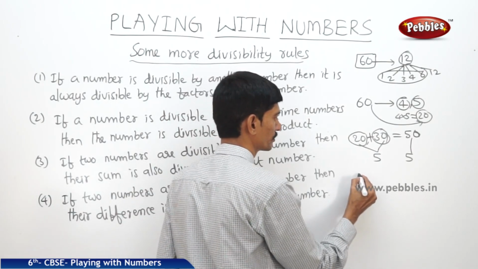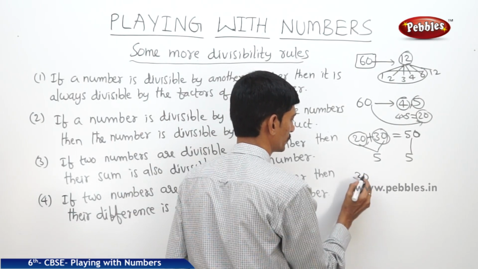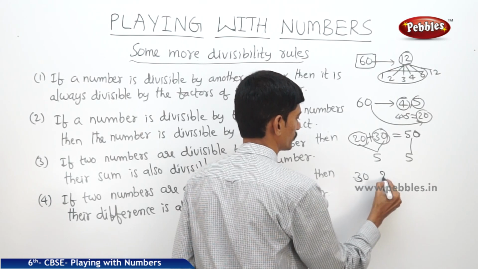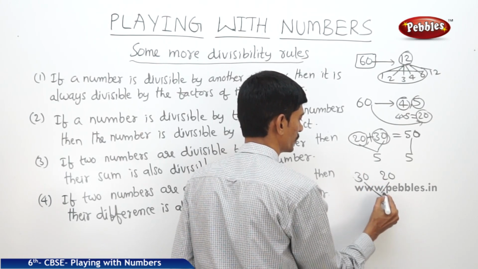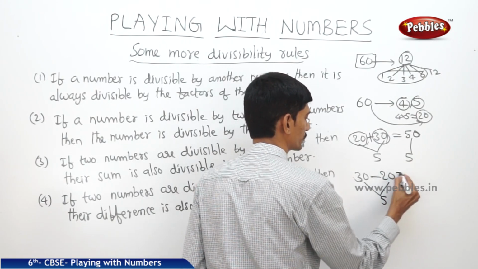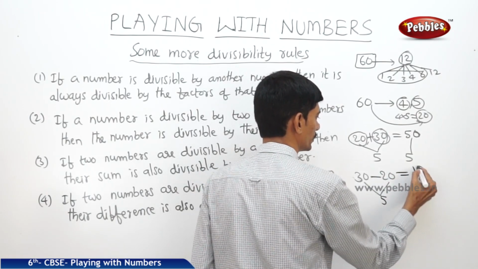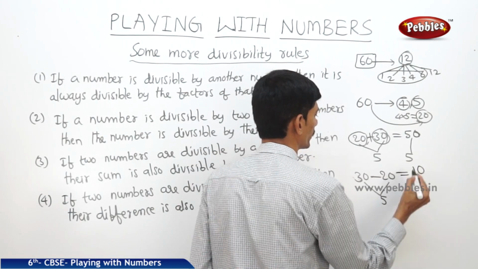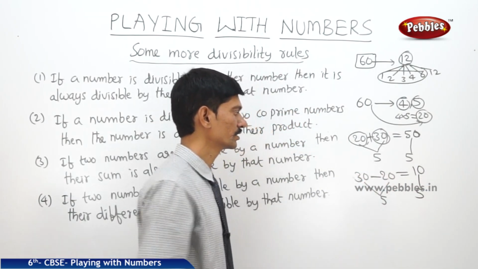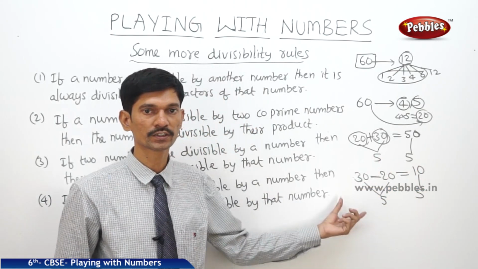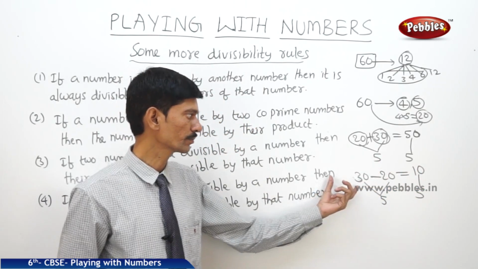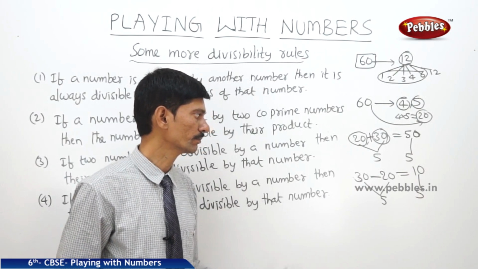Now if you take 30 and 20, these both are divisible by 5. So the difference 30 minus 20 equals 10, which is divisible by 5. So if two numbers are divisible by a number, their difference is also divisible by that number. So this is also applicable to any two given numbers.